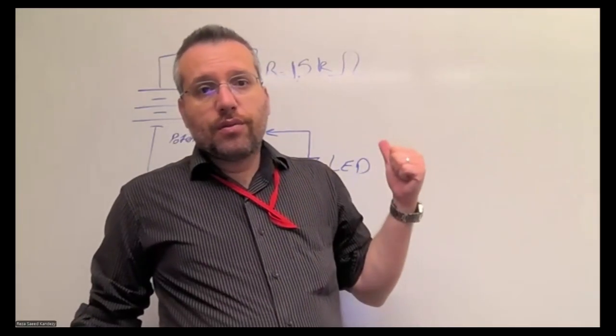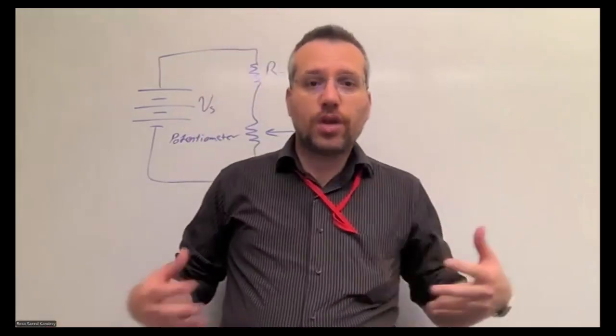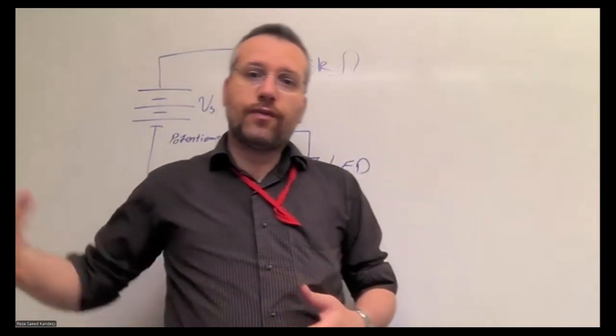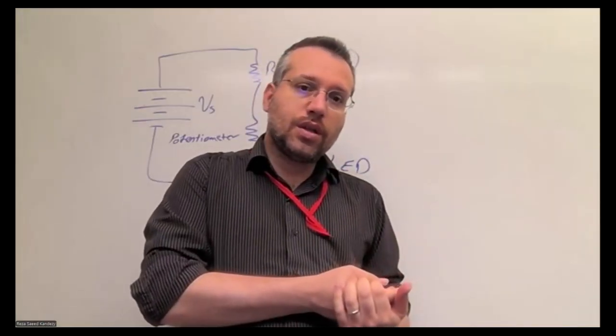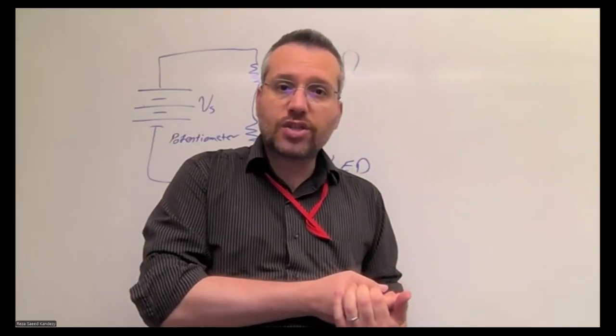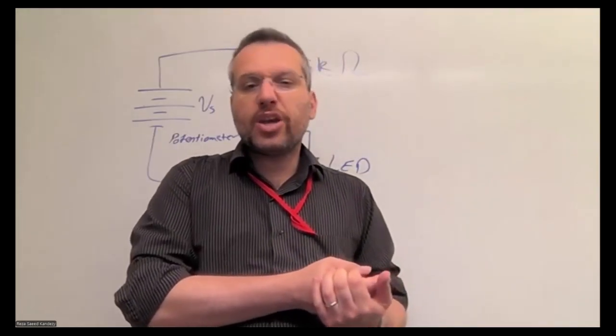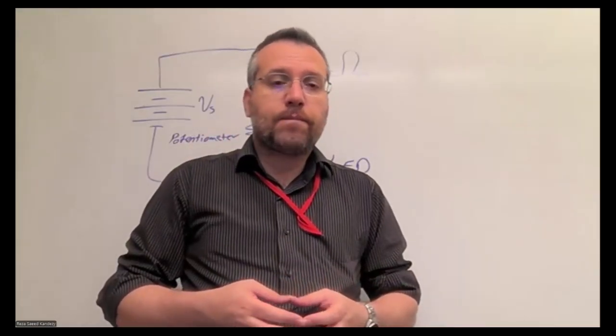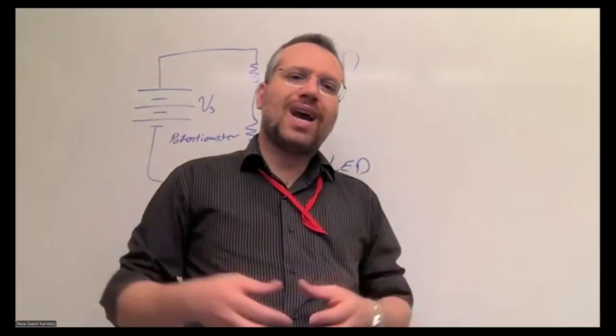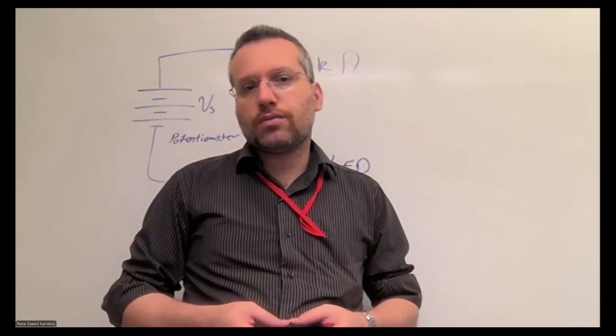The resistor and the potentiometer together control the current that flows through the LED. Without those resistors, the LED would try to draw as much current as it can based on the power supply that we connect to it, which in reality would instantly burn out.